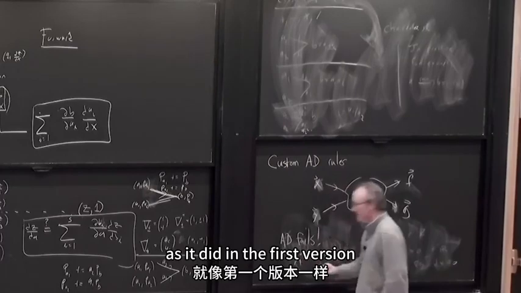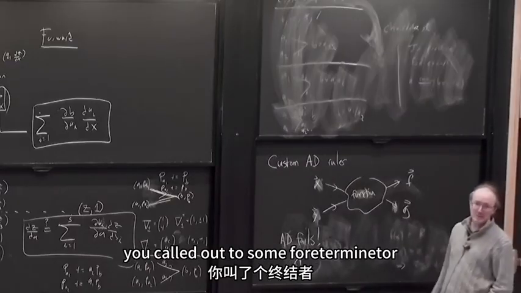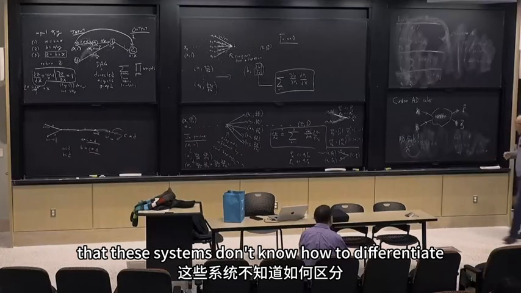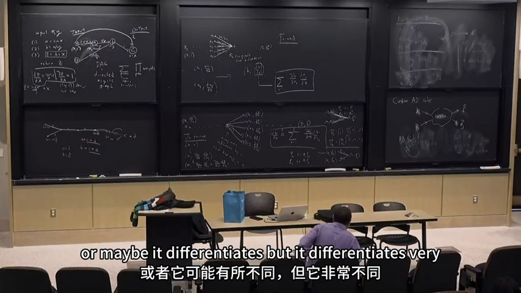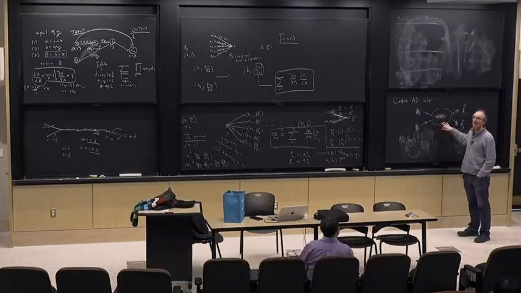As it did in the first version of the homework. You called out to some Fortran routine or something that doesn't know how to differentiate. And there are, unfortunately, lots of things that these systems don't know how to differentiate. Or maybe it differentiates, but it differentiates it very badly, very inefficiently.